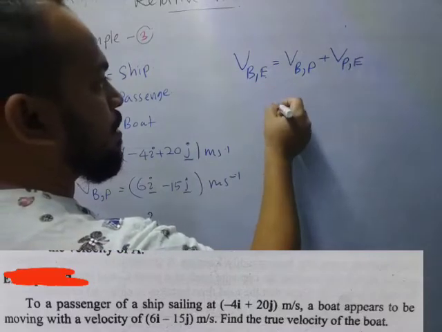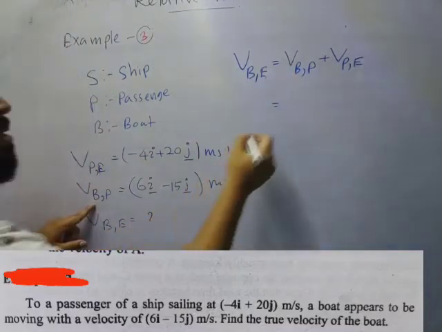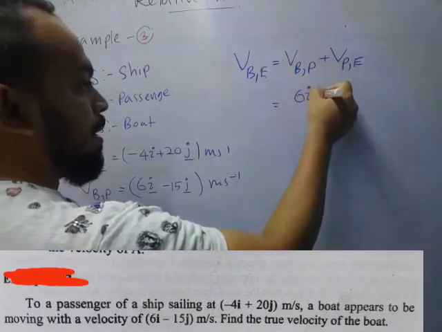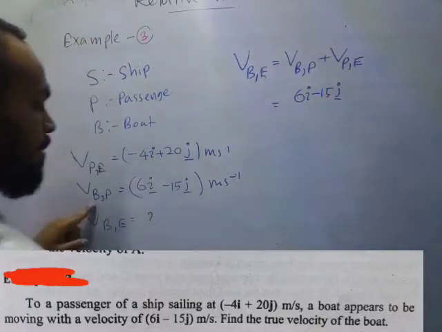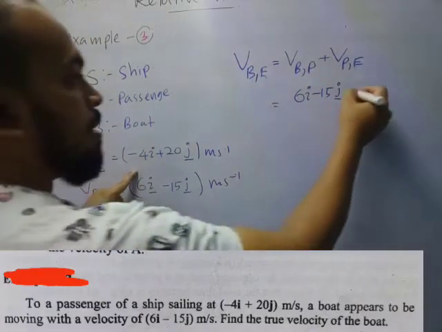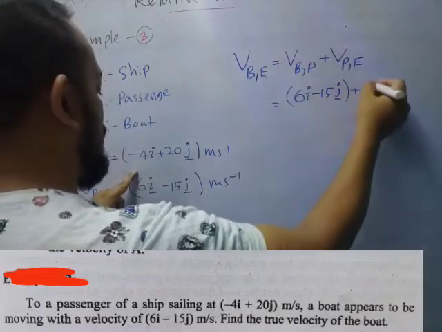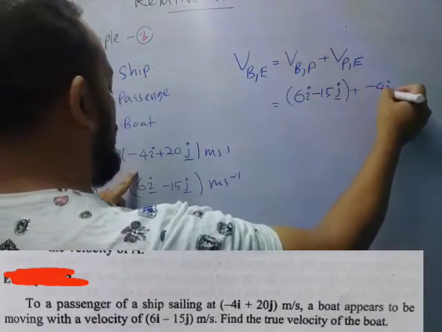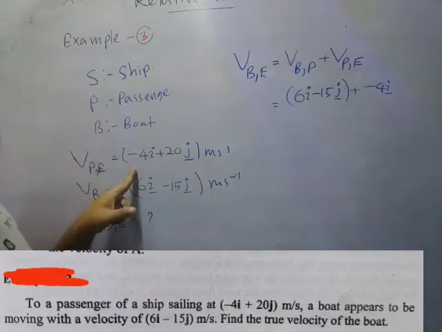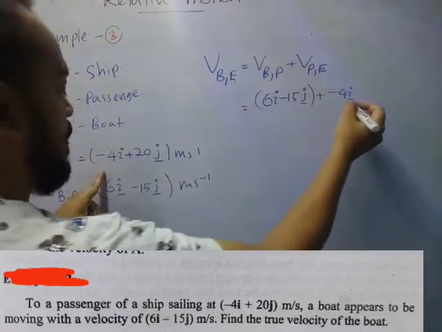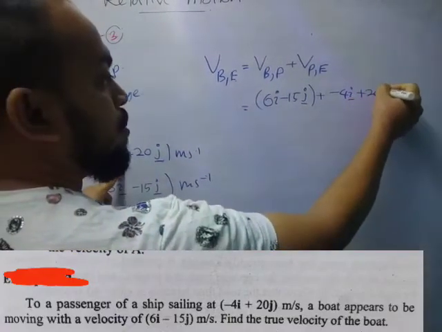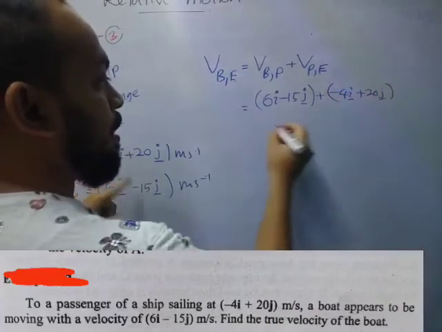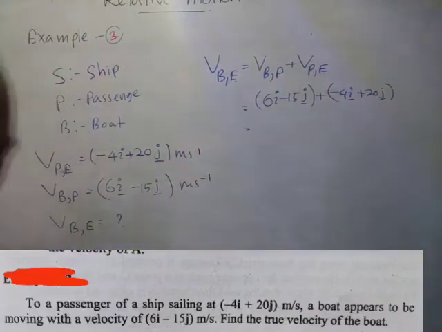VBP is 6i minus 15j, plus VPE, which is minus 4i plus 20j. Right. So now you know how to work with unit vectors.